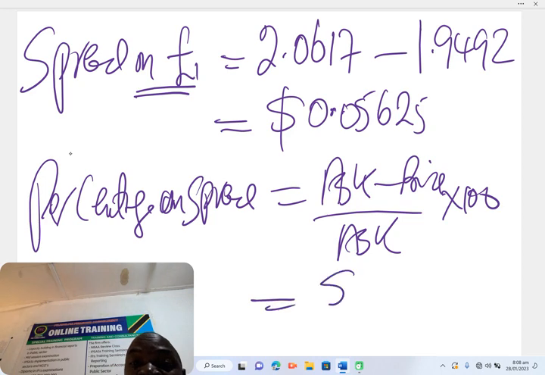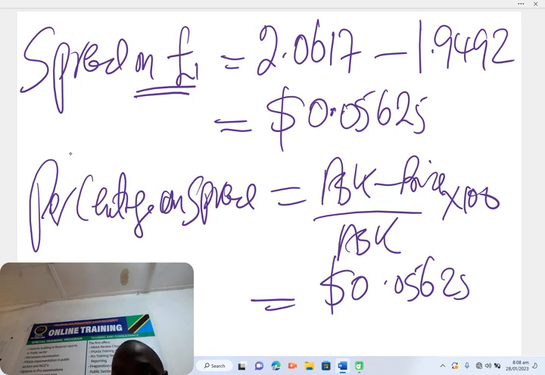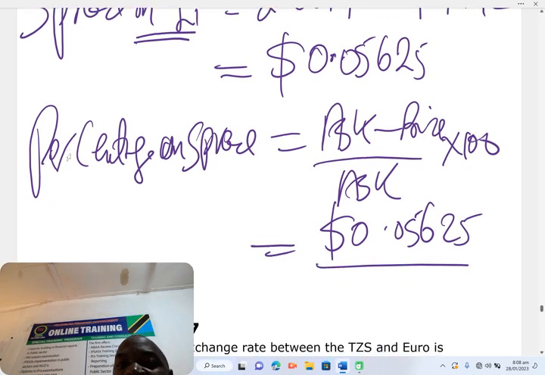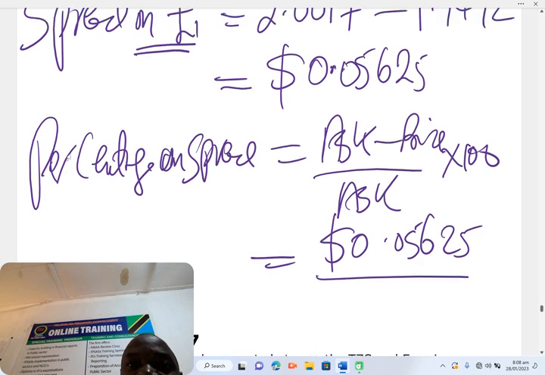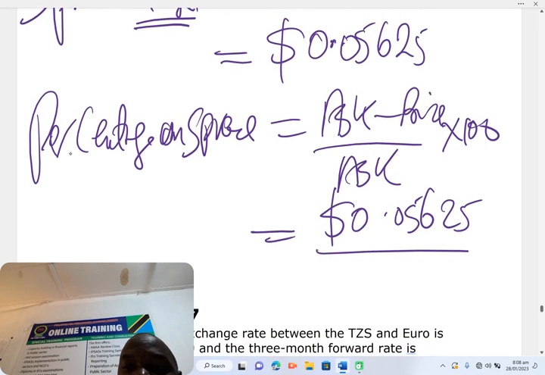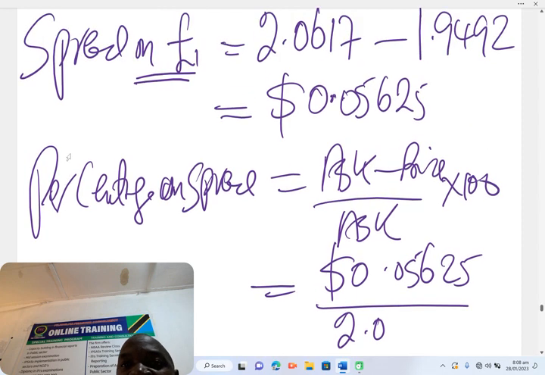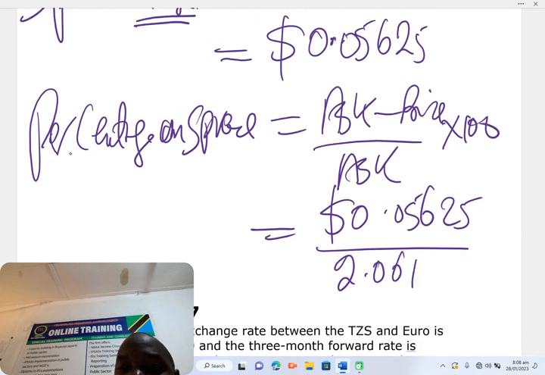Ya juu ni 0.056, alafu 25, gawanya kwa ask, ambayo ask ni 2.0617, times 100.